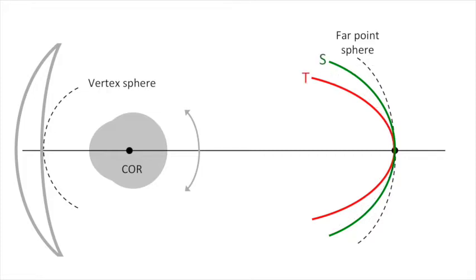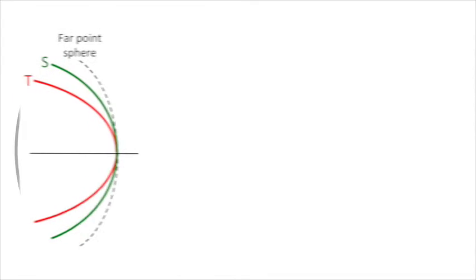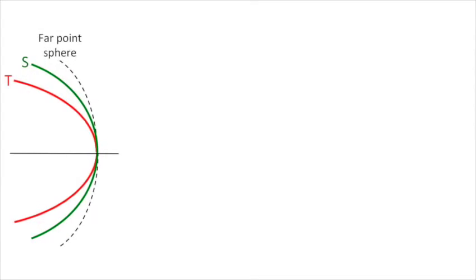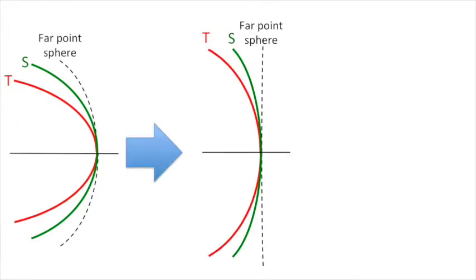So the cartoons we've been looking at thus far represent the actual curvatures in space of these various spherical surfaces. But in fact, it makes good sense at times, when we're considering the sagittal and the tangential error, and indeed the amount of oblique astigmatism or the mean oblique error, to flatten these out such that the far point sphere is now a straight vertical line.